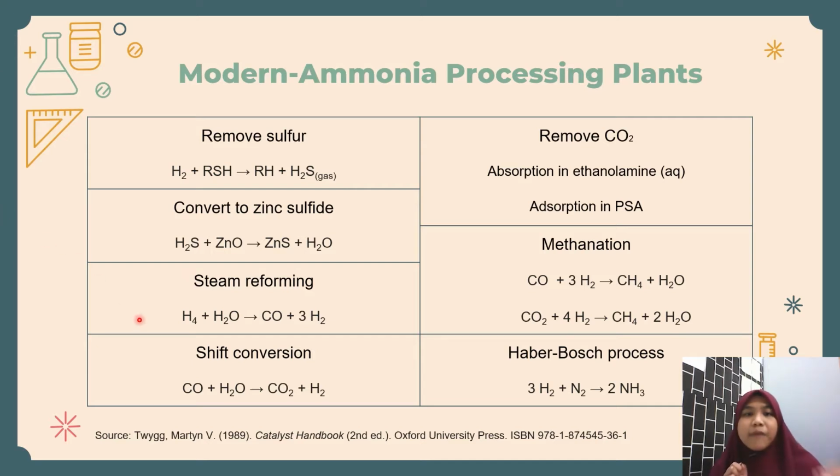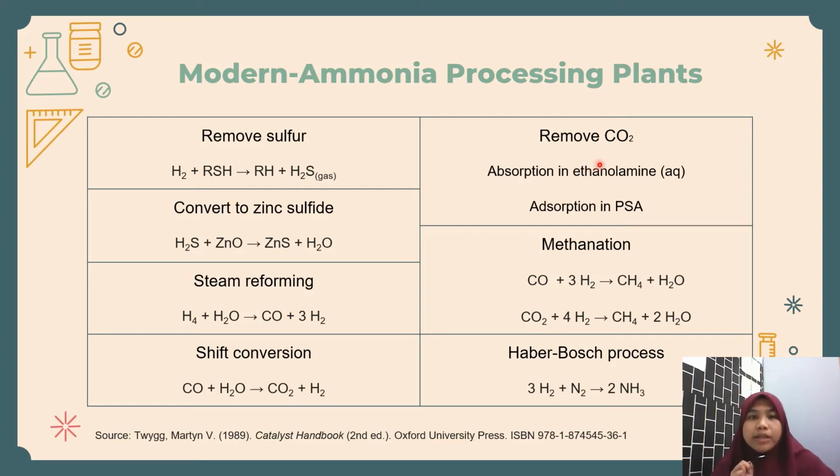Catalytic steam reforming of the sulfur-free feedstock is then used to form hydrogen plus carbon monoxide. The next step uses catalytic shift conversion to convert the carbon monoxide to carbon dioxide and more hydrogen.